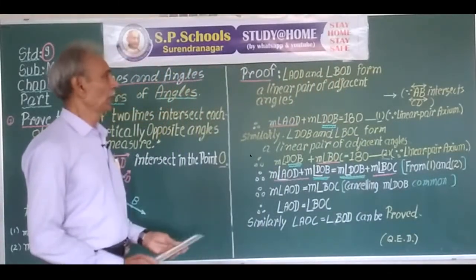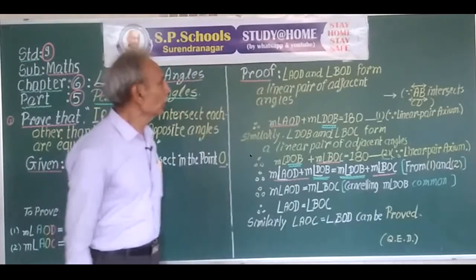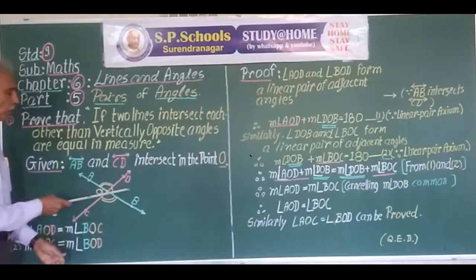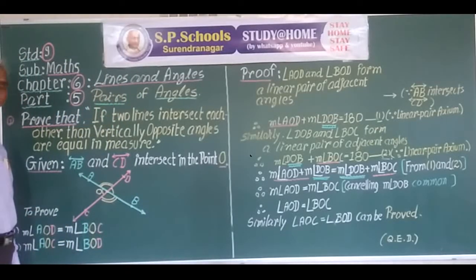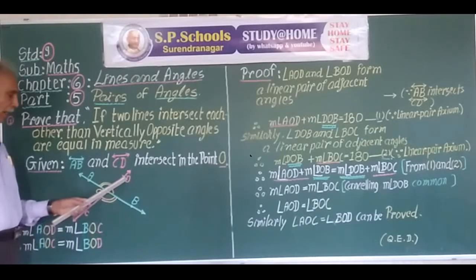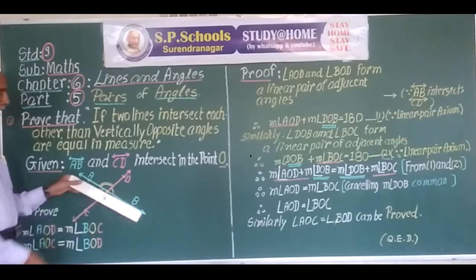Proof. Consider this pair of angles, angle AOD and angle BOD. This AB is a straight line.